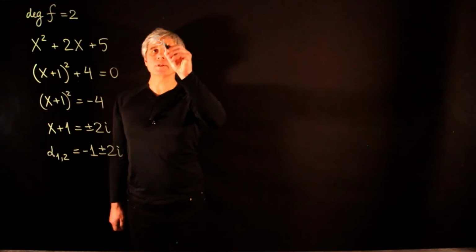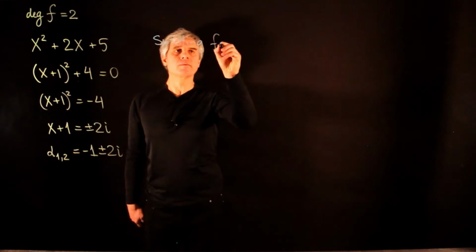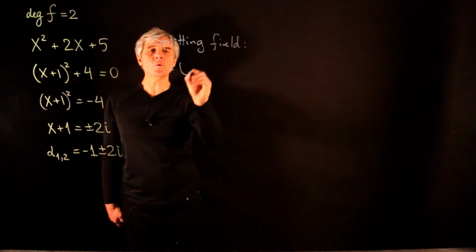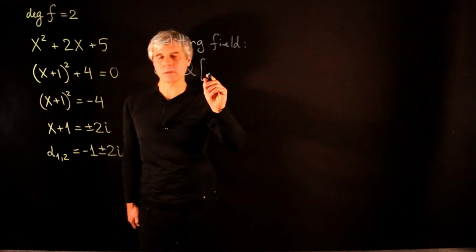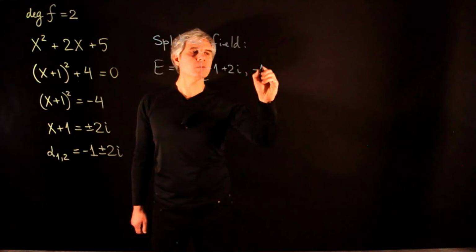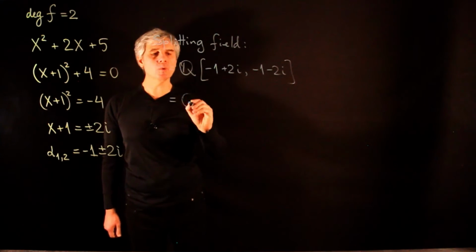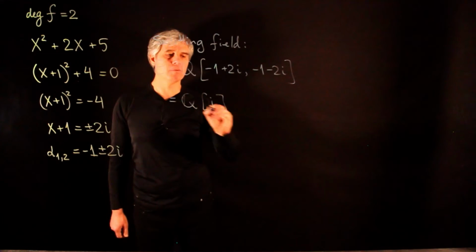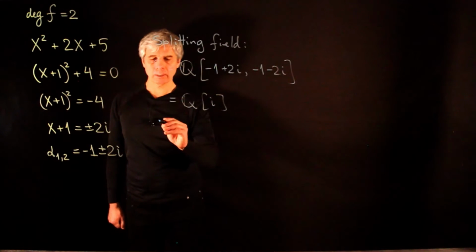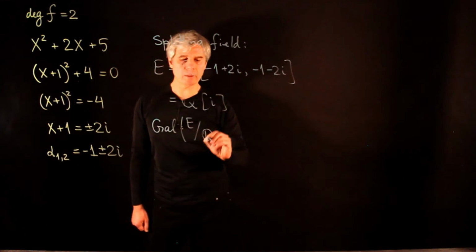So the splitting field of this polynomial is E, which is Q adjoined minus 1 plus 2i and minus 1 minus 2i. But this is just the same as Q adjoined with i. The Galois group will permute these two roots, and this group has two elements.